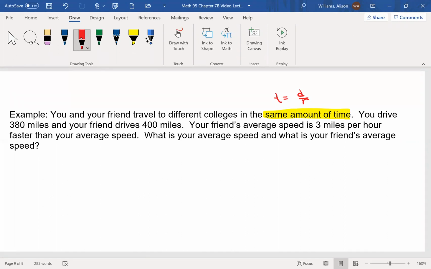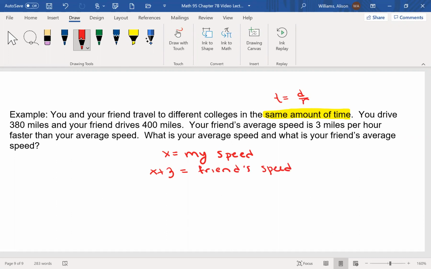Okay, so similar setup. We're going to start with our variables. So we'll just let x be my speed again. And then since my friend is going 3 miles per hour faster, x plus 3 would be friend's speed. I don't know why I wrote it backwards from what I've been doing before, but there you go. All right, so there are the speeds, the rates.